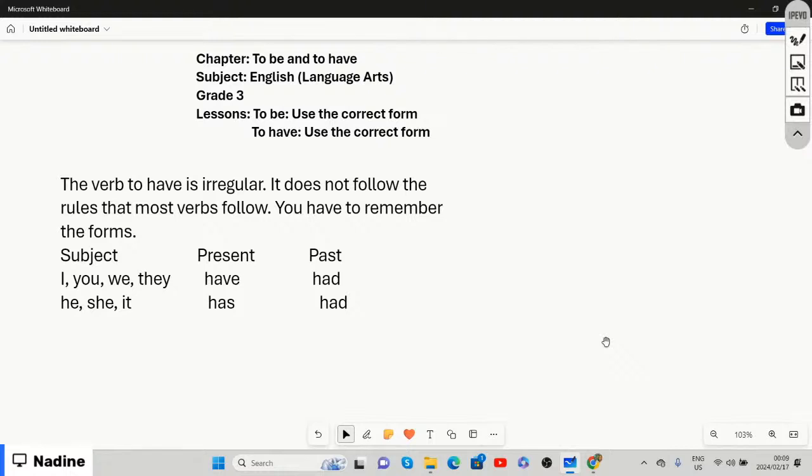And once again, the verb to be or the verb to have is irregular and it does not follow any rules that most verbs follow. So you're just going to have to remember the forms.